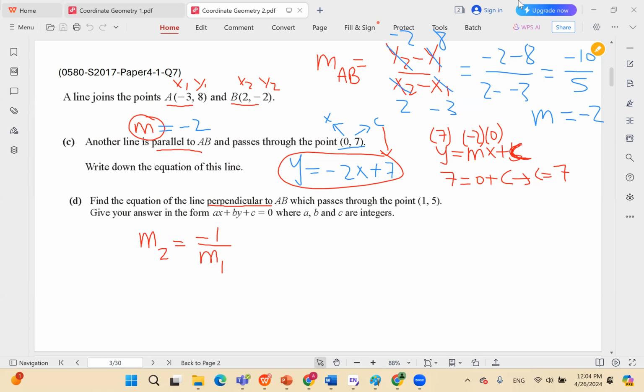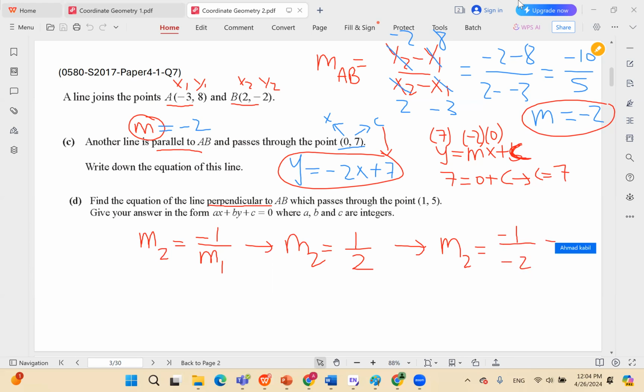In our case, the gradient of AB is -2. So instead of negative, it becomes positive, and it becomes 1 over 2. Or if you want to just apply the equation, m2 equals -1 over -2, which is again positive 1 over 2. So either you apply the equation or you just flip the fraction and switch the sign.